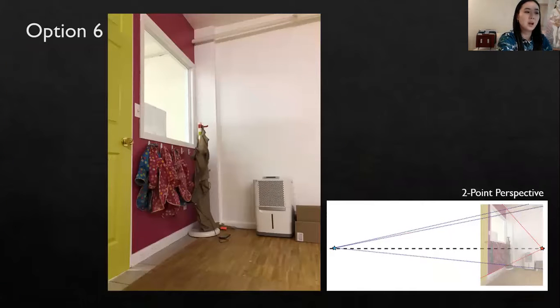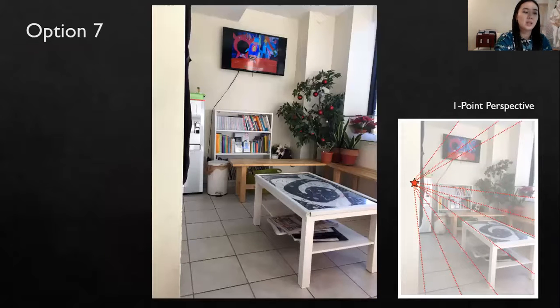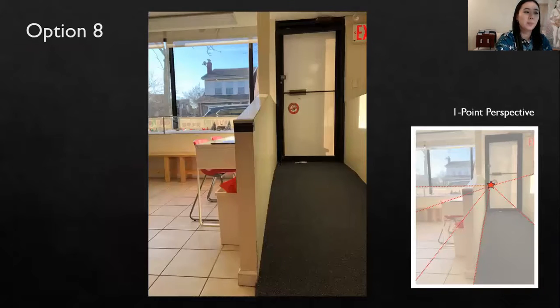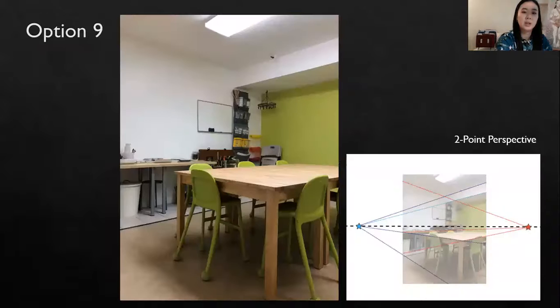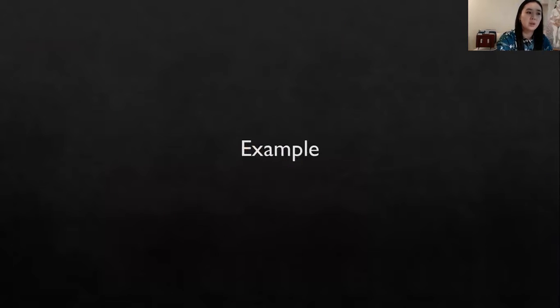And this is the sixth option, 2-point linear perspective. And this is the seventh option, 1-point linear perspective with vanishing point. And this is the eighth option, 1-point linear perspective. And this is the ninth option, 2-point linear perspective. Okay, so that's all the options.